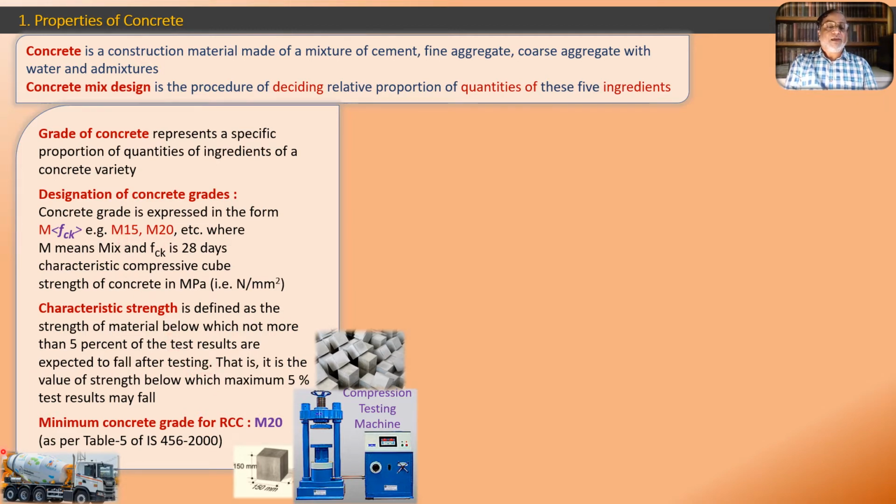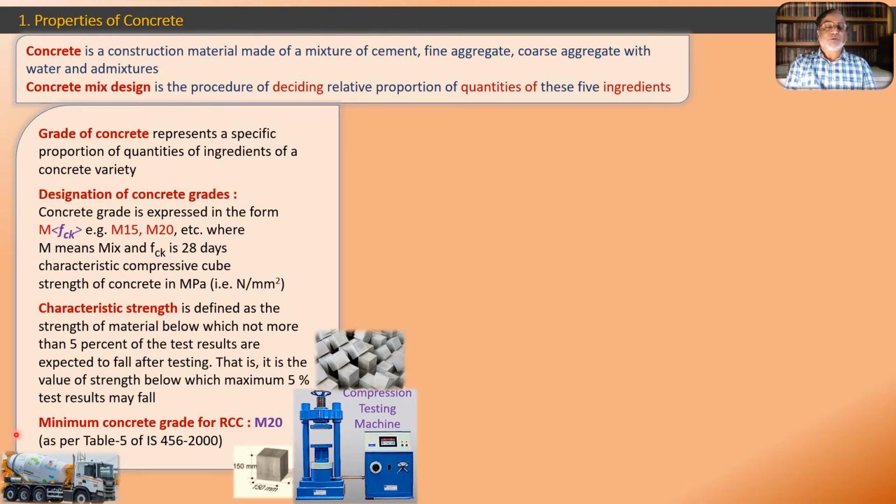Now, there are various grades of concrete available. We can prepare concrete of various grades. Out of that, IS 456 2000 is recommending in Table 5 that you must use minimum M20 grade of concrete in case of RCC structures. There are other grades also.